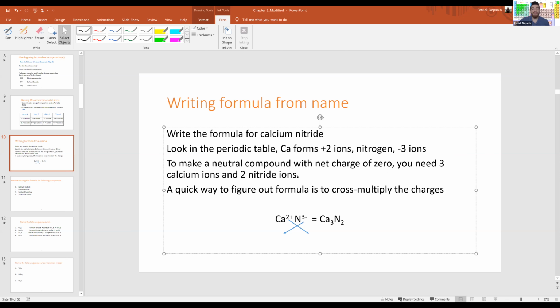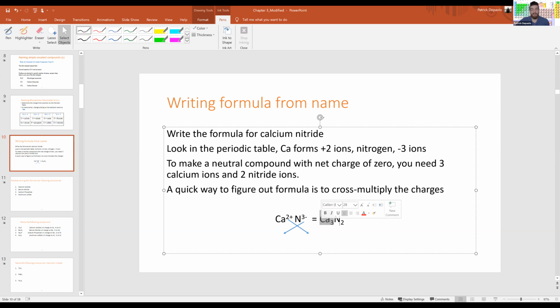Mathematically it works out, and you could just deduce based on the least common multiple of the ionic charges what the formula will be. So how do 2 and 3 balance out? If you have 3 of these and 2 of these, the total negative charge of the nitrogens will be -6, and the total positive charge of the calcium will be +6.